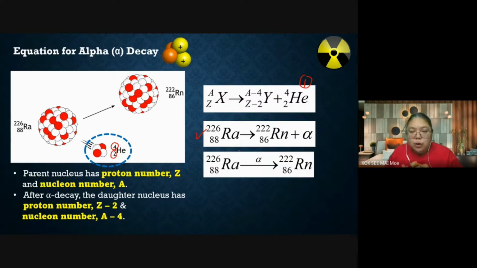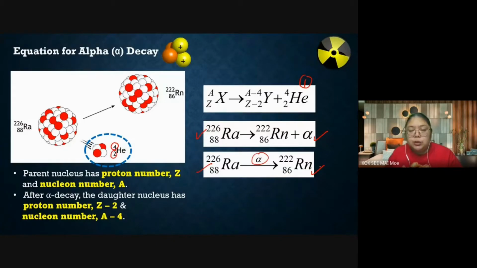Okay, some you can also write this way: put the alpha here, then straightforward, this one is Rn. So we got 3 methods to write the equation for alpha decay. Beta and gamma are also the same. Sometimes the question comes out in different ways, so you need to understand what alpha decay means. I think this one is simple for you.